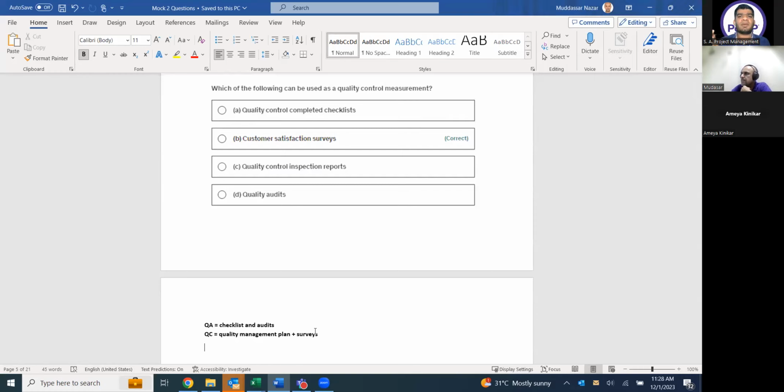Like we say that we can have a pen which is 10 rupees and also a $100 Mont Blanc. So what is the difference? The quality is different. That is customer satisfaction surveys: how the customer feels about the quality of that product. When I compare a simple ballpoint with a Mont Blanc pen, the customer is checking it and the survey he gives will say this is the best.